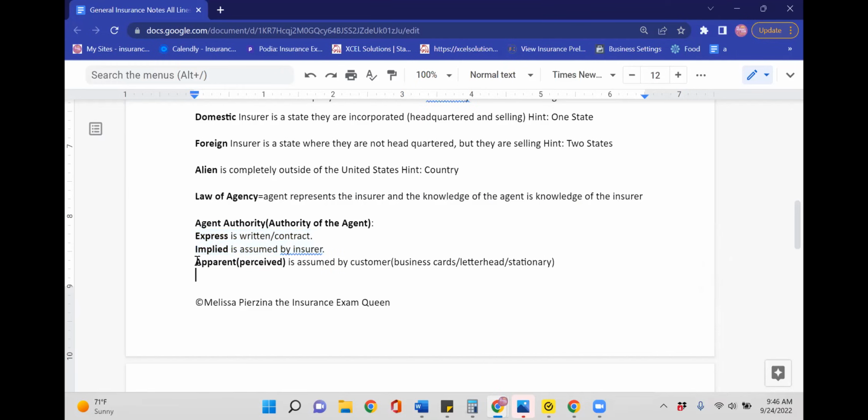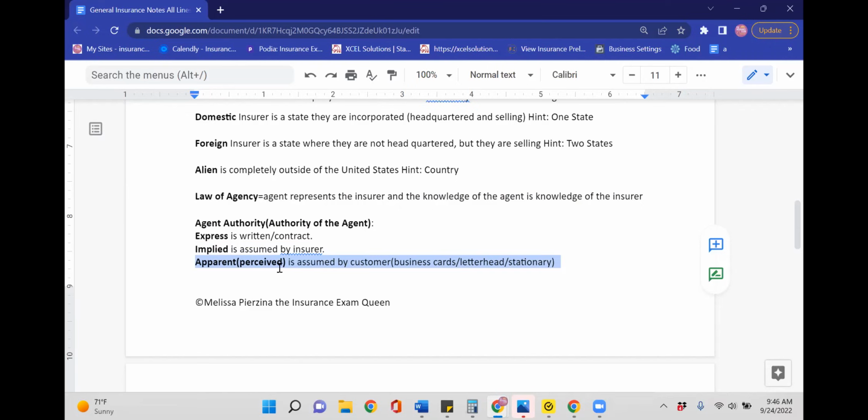Apparent authority, the last one, is not real. It is perceived. Perception is how we think something is, but that doesn't mean it's true. This is where we get into a lot of problems in life, because everyone has their own perception, and reality may or may not be your perception. What you perceive is true to you, but that may not be true to someone else.